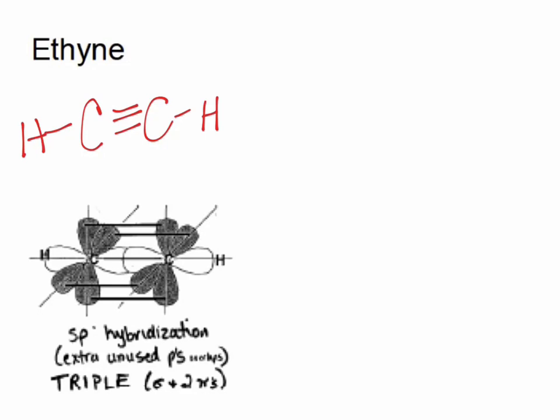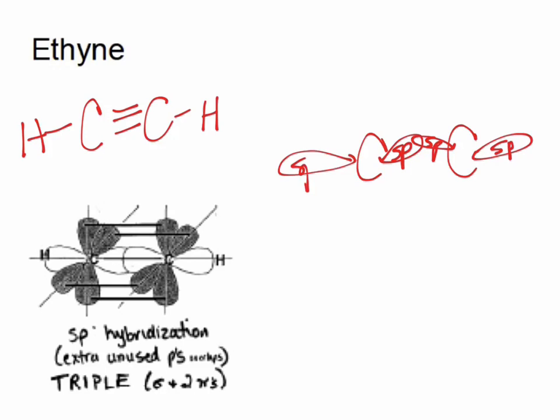So now when we look at this, how many areas of electron density do we have around the C? We just have 2, so we have our sp and our sp. And then we have our sp here and our sp here. And what's left over is this p orbital.